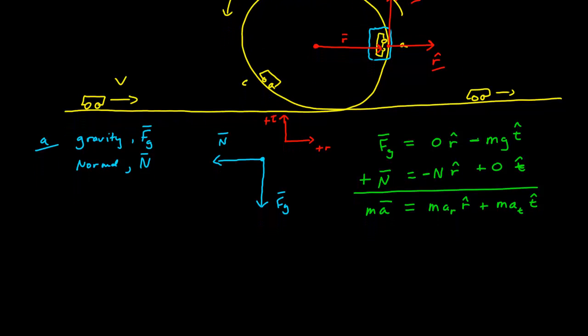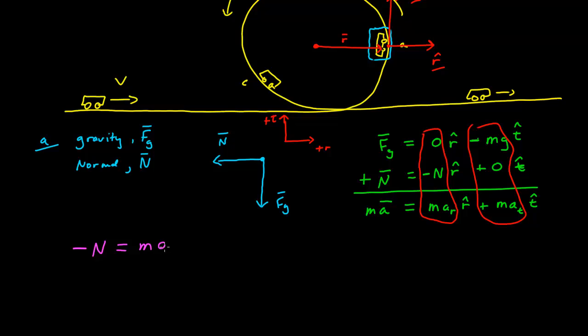So now, when I establish the relationships between my components, I can identify that the opposite of the normal force is equal to the mass times the radial acceleration, which is the mass times negative omega squared r, or negative m tangential velocity squared over r.